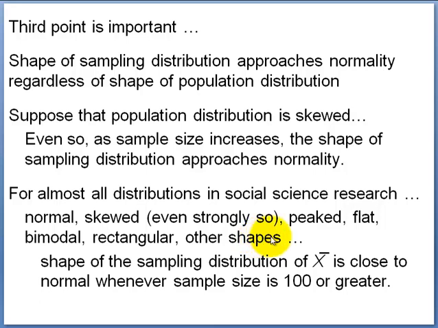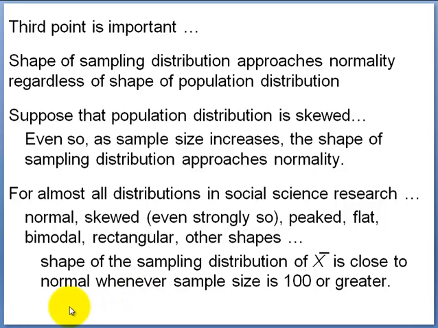In other words, essentially regardless of the shape of the distribution from which the many random samples are being selected, the shape of the sampling distribution of the mean will be close to normal whenever sample size is 100 or greater.